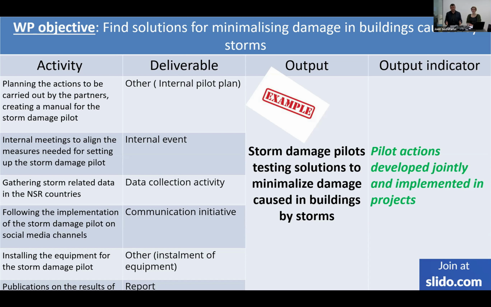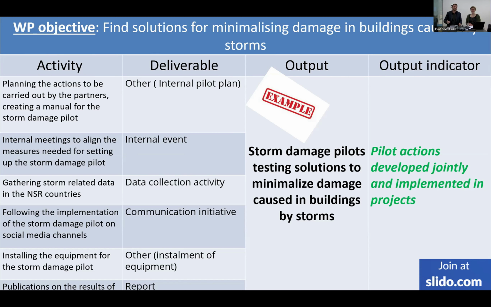So let's see, on the left-hand side, you see the activities in this work package. Sorry, the work package objective is to find solutions for minimalizing damage in buildings caused by storms. It sounds very exciting, right? The activities we plan, we start with the planning, the actions to be carried out by the partners, maybe a manual for storm damage pilot activities or actions.